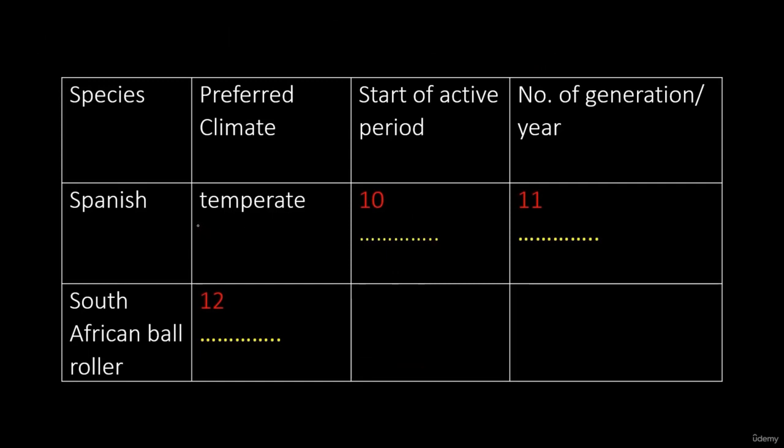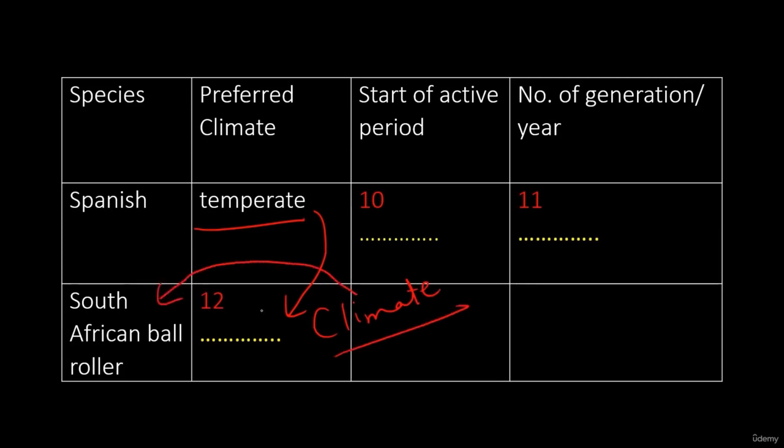In this case we have temperate. Temperate is providing you a hint that the 12th one must be a weather or a climate. Right, what kind of climate is required for South African ball roller? Like we have preferred climate for Spanish, the species, right? So it must be a climate.